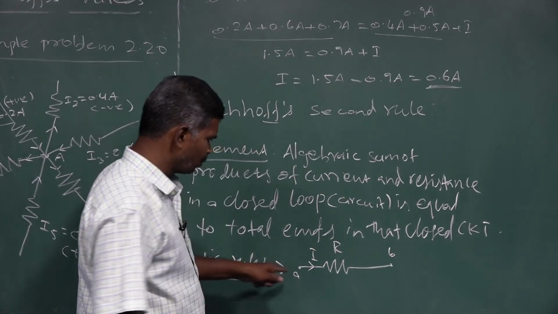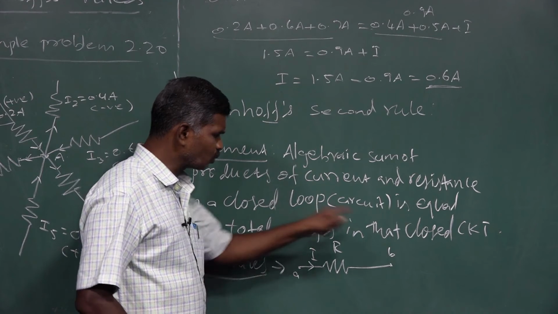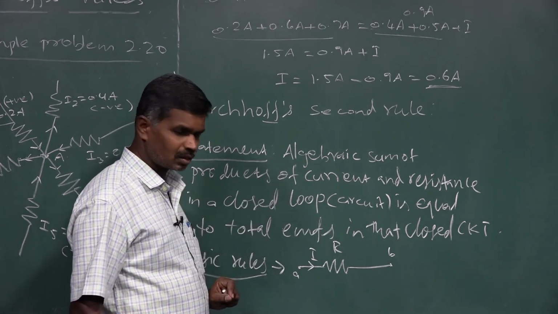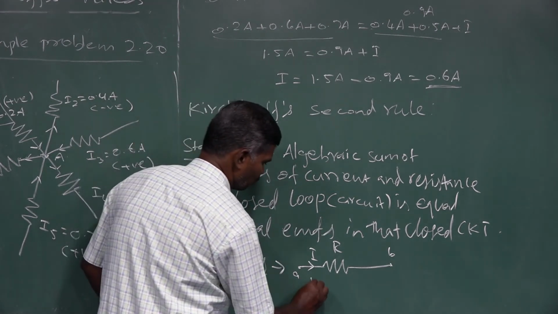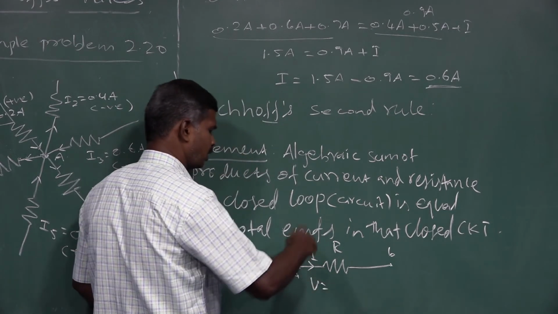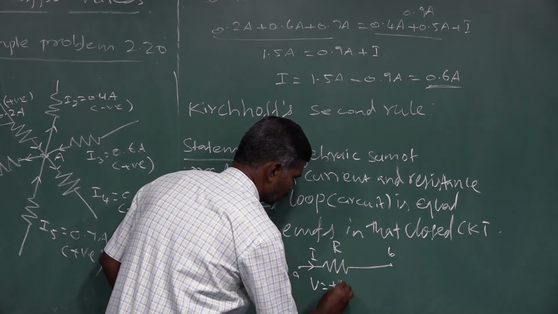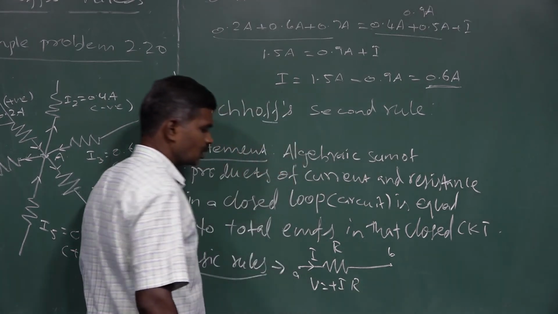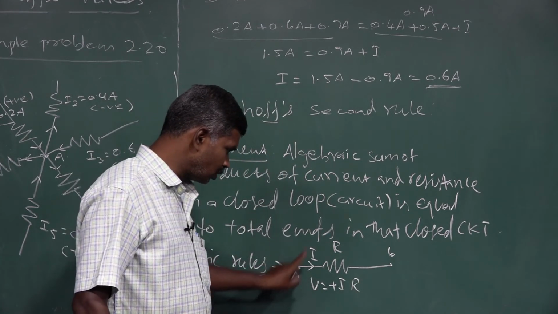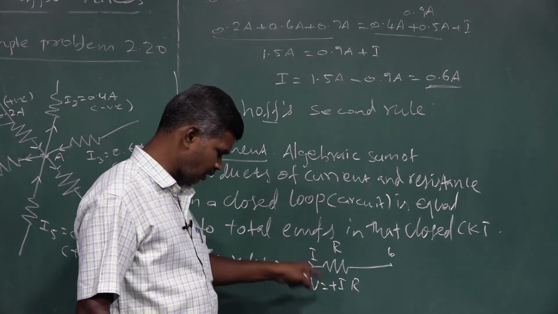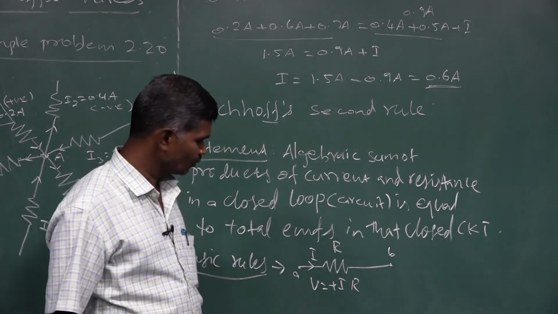So if we move from A to B, we are moving in the actual current flow direction. Then the product value I into R is a voltage. That voltage value is taken as a positive I into R if we move from A to B, the actual current direction. That's why the product value is positive.